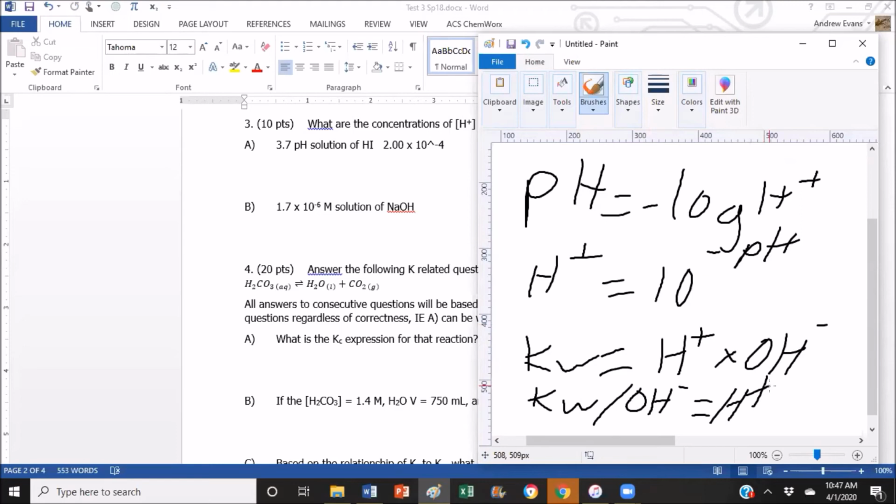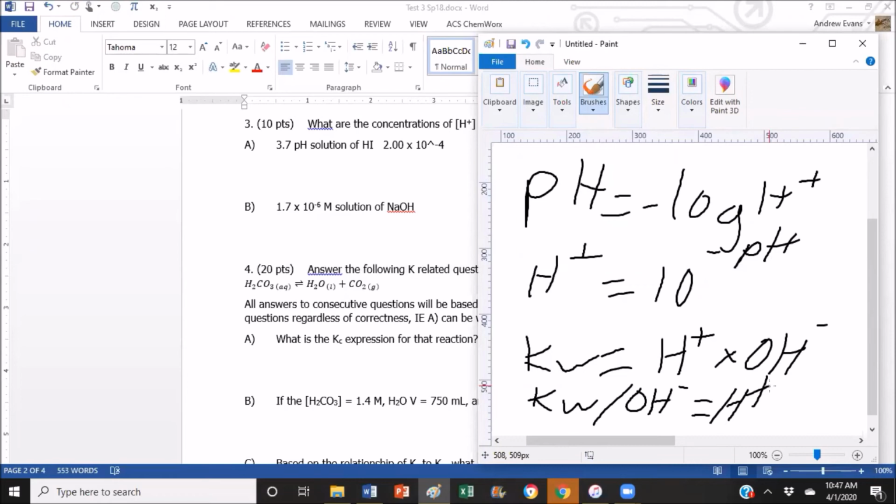Make sure you're either using parentheses or the capital E notation, or else you're going to get a number that's way off in a different direction. You should get 5.88 times 10 to the negative 9.